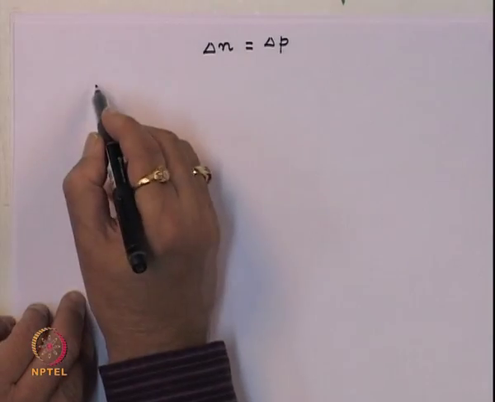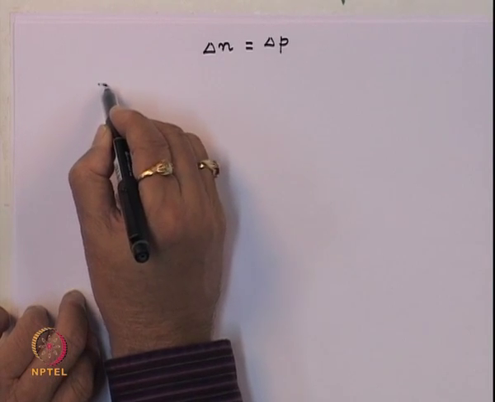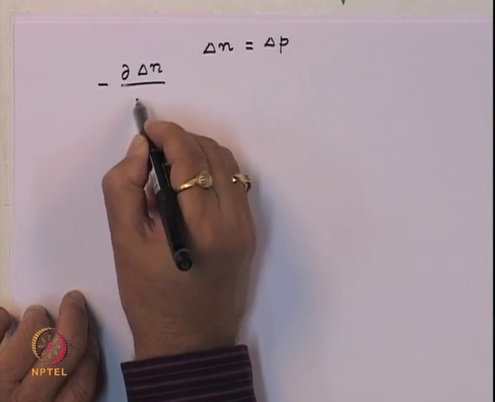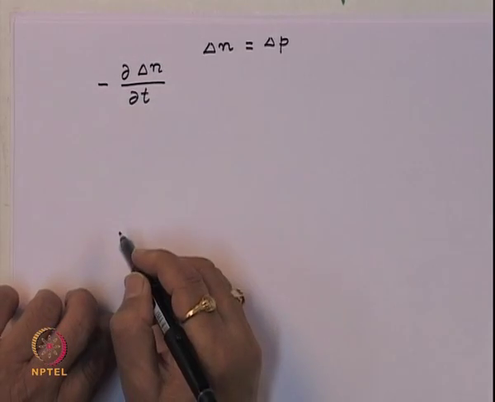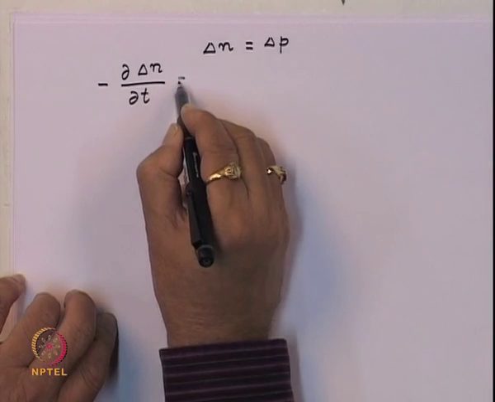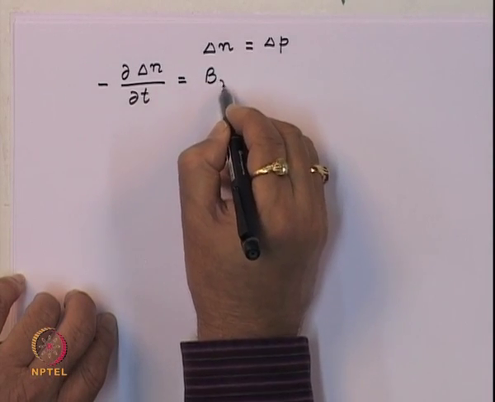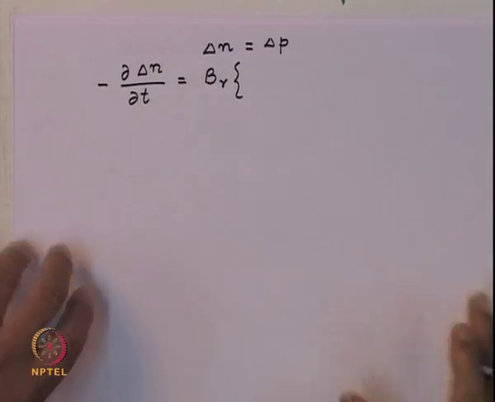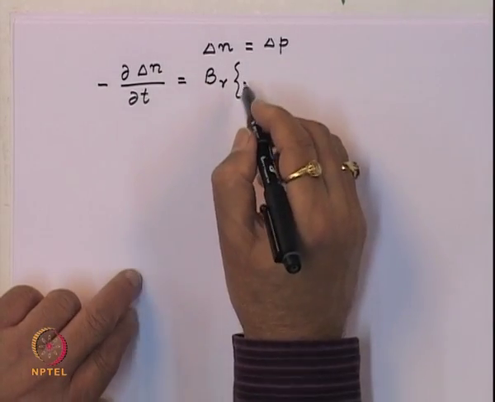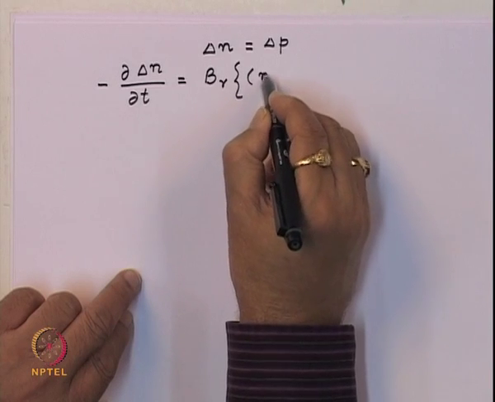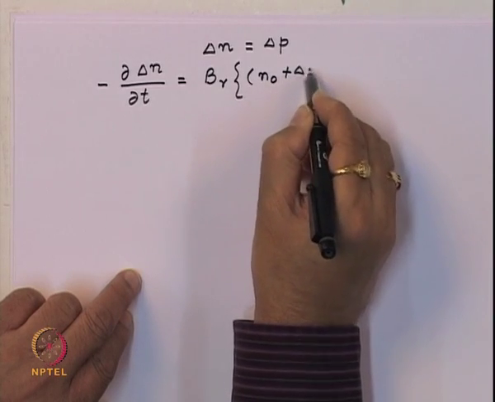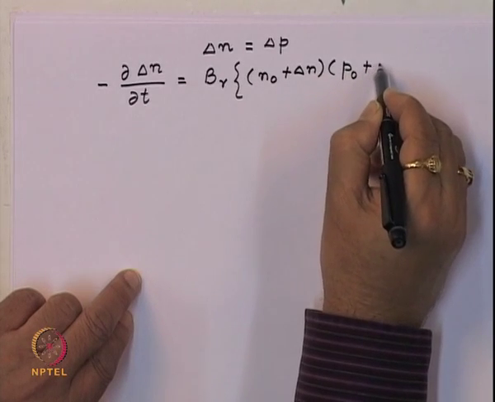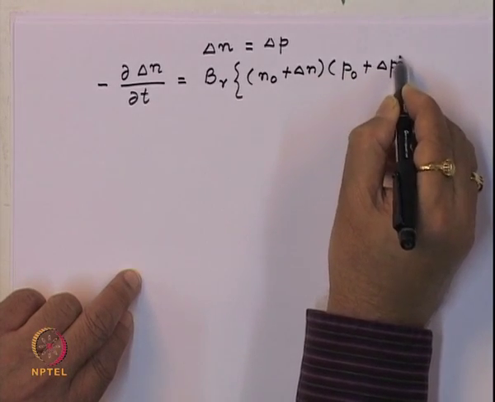Now the rate of recombination, or decrease in the injected carriers per unit time, is given as the recombination constant Br times the product of the electron density and the hole density. So, this is n0 plus delta n times p0 plus delta p.